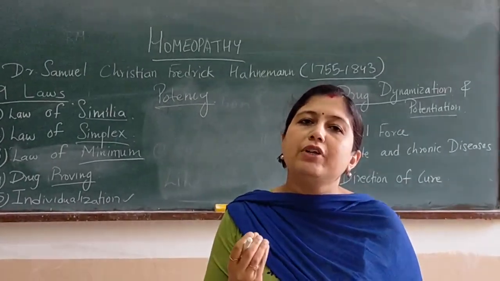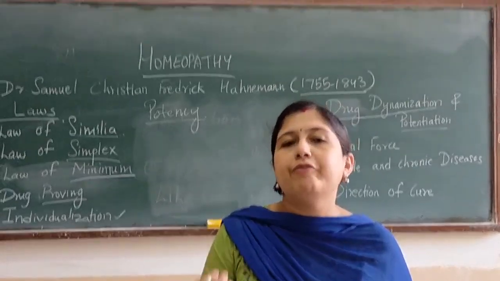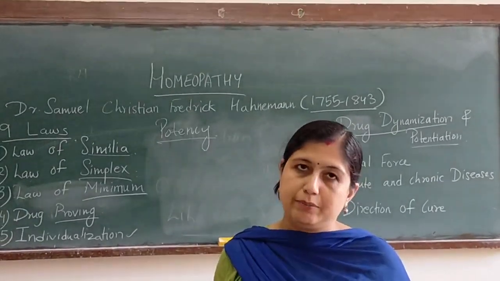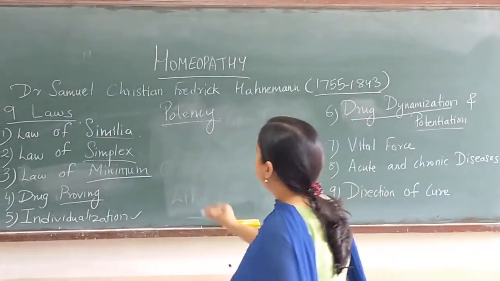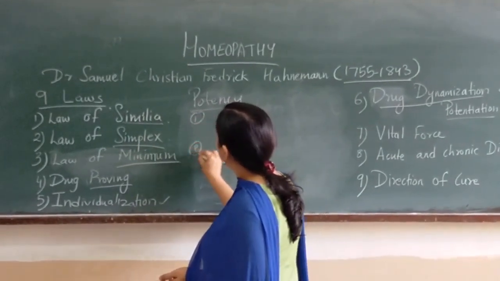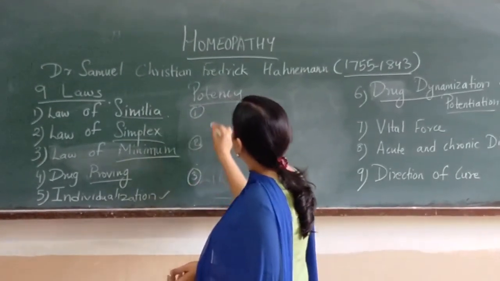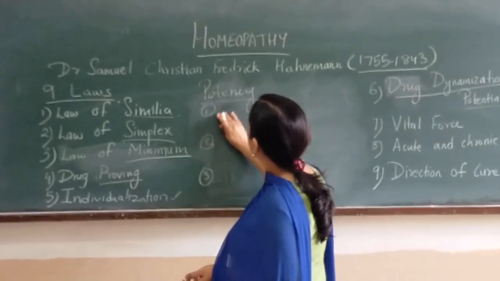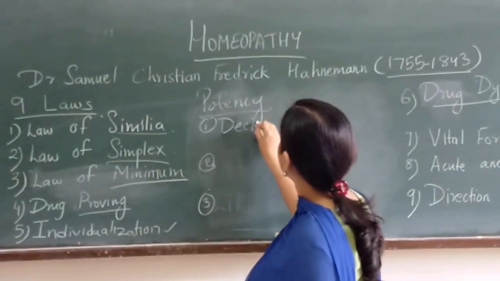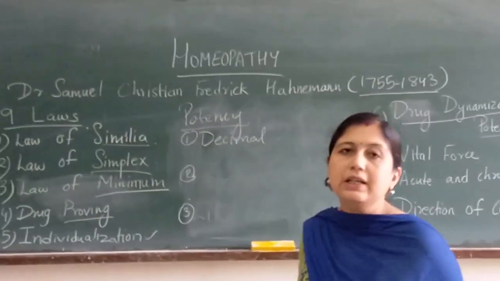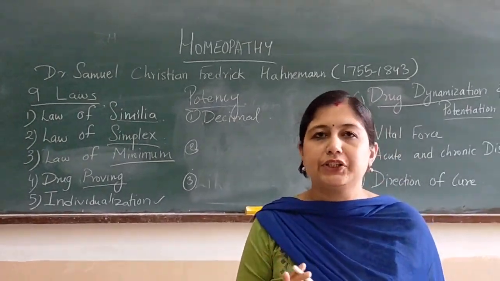The potency of the drug varies from prescription to prescription, and there are three ways in which we can do the drug potentiation. The first is known as the decimal scale. It is known as the decimal potentiation.